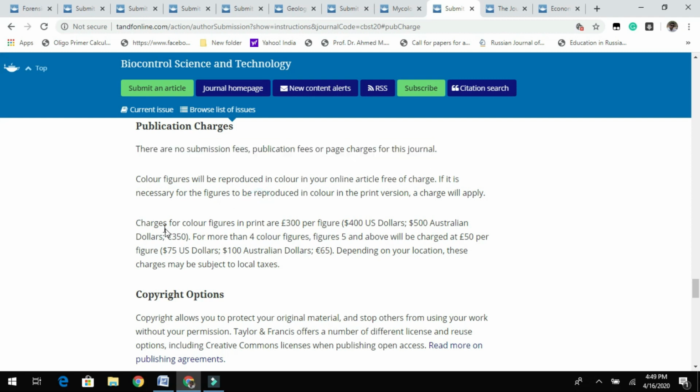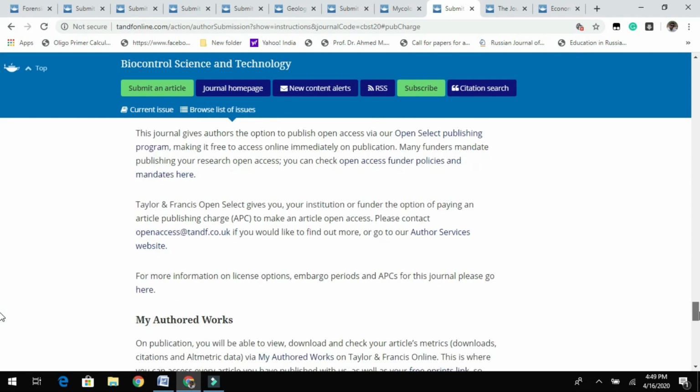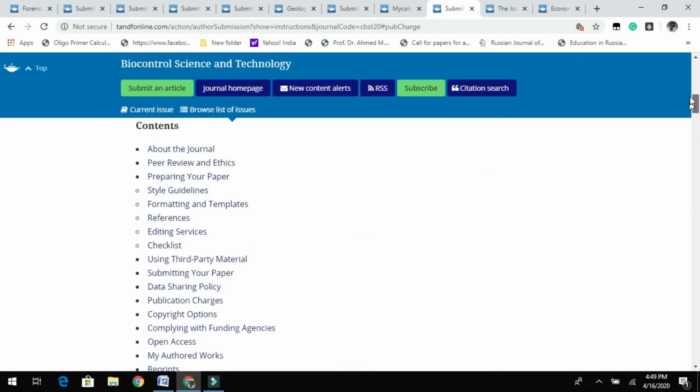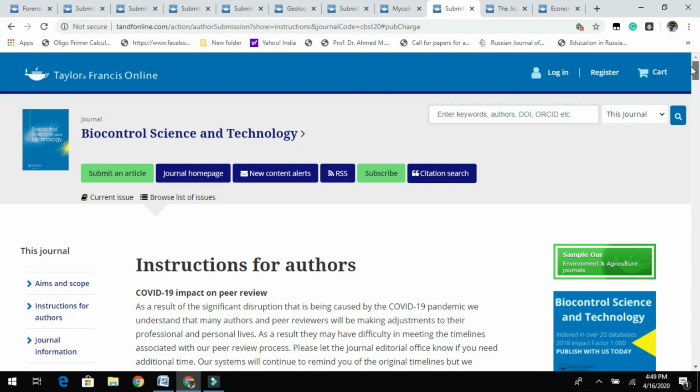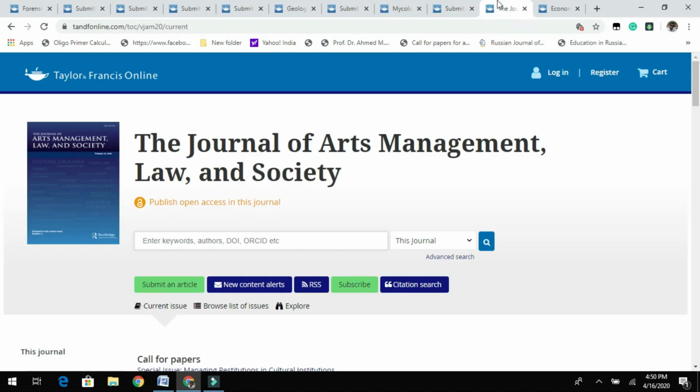Whereas the color figures, if in a print format, will cost you around 400 USD. So if you are planning to submit your research in this journal, then please do read the instruction and aims and scope. So moving on to the next journal, the Journal of Arts Management, Law and Society.